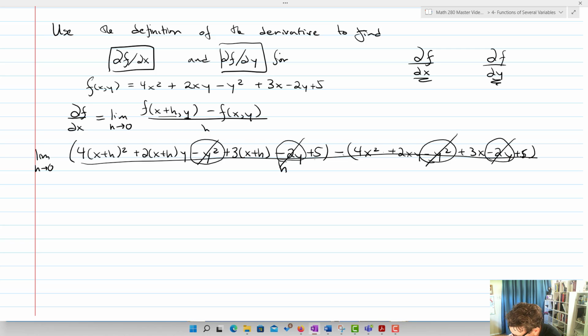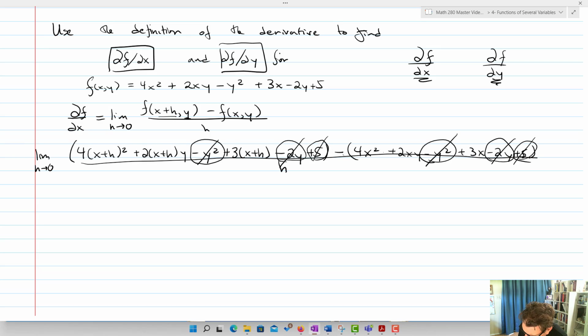And then also the constants cancel. We know that's what happens anyway whenever we take the derivative. So what's essentially happened here is that anywhere we have just a function of y, or one of the terms is a term of y only, no x's, it goes away. It's removed because we subtract it out with that definition of the derivative.